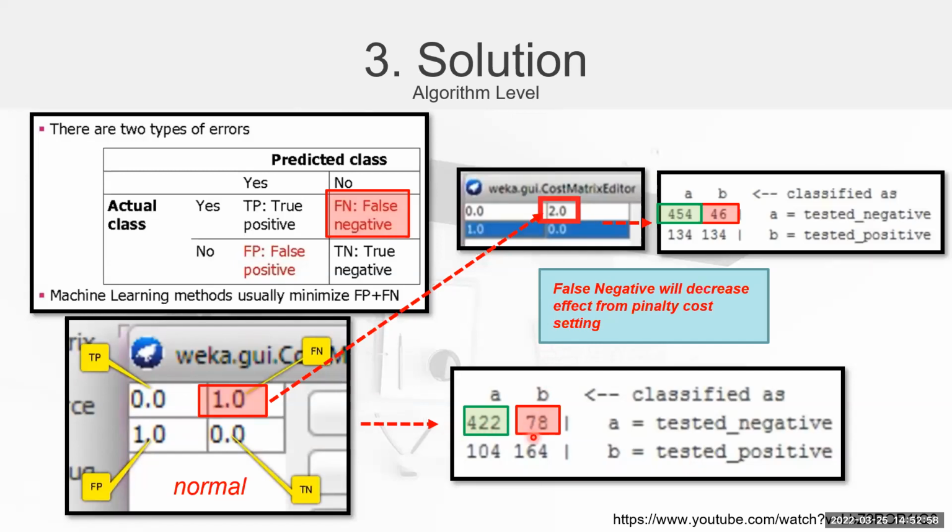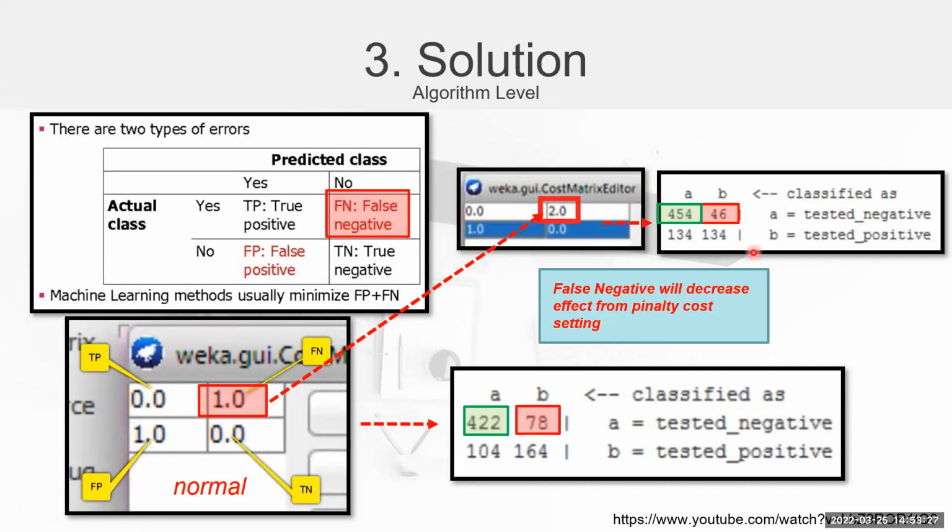We can see that before we set this cost metric, the false negative number is 78, but after we set this cost penalty, the number is getting decreased to 46.